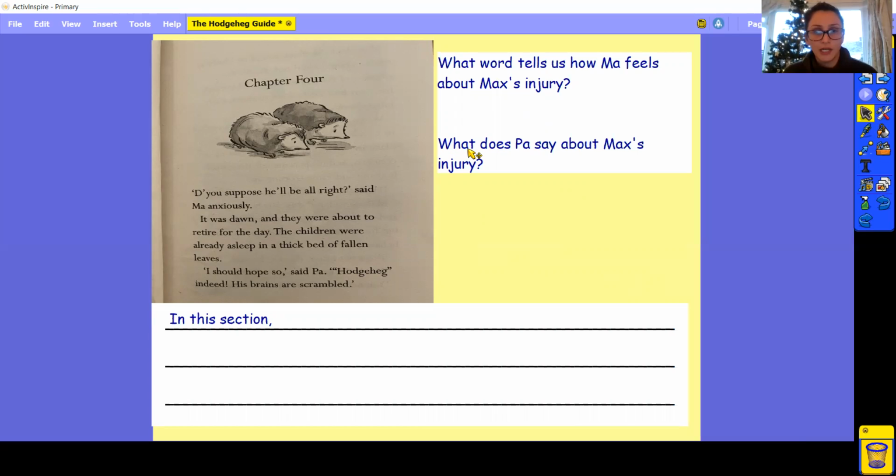The next question: what does Pa say about Max's injury? He says something quite interesting, and I wonder if you know what he means by that. Again, if you need a bit of a rewind, a bit of a pause, do so. Make sure you write it on a piece of paper that you have at home. I have saved a document with all these sections on, and a little section where you can write your answers in, on the school website if you would like to have that.